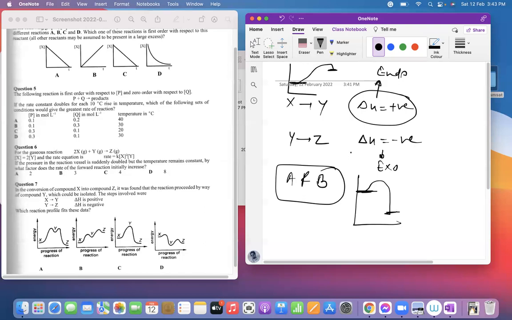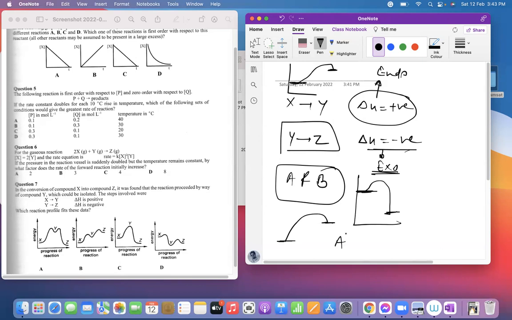Now move to next. Next is my negative, meaning Y and Z. So Y to Z is exothermic, and exothermic means the reactant has higher heat and the product has lower. So now you can eliminate option B very easily, because in B the second step is endothermic. Again the graph ends like this, which is wrong.